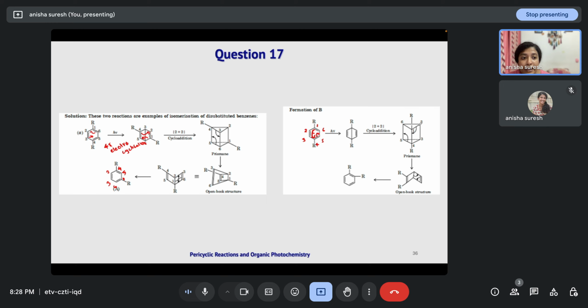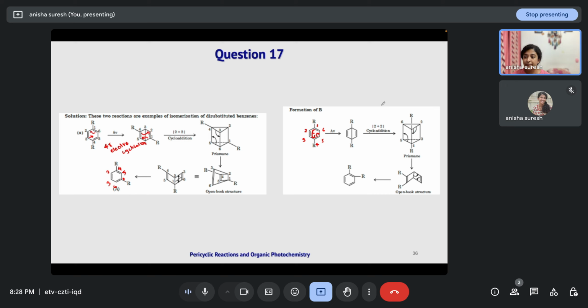Now the bond will be breaking in this fashion. It will lead to formation of an open book structure like this, and this bond upon breaking will lead to formation of the benzene again. And now the R group has redistributed to the ortho position. So this is how isomerization or scrambling of substitutions of the disubstituted benzene is taking place.